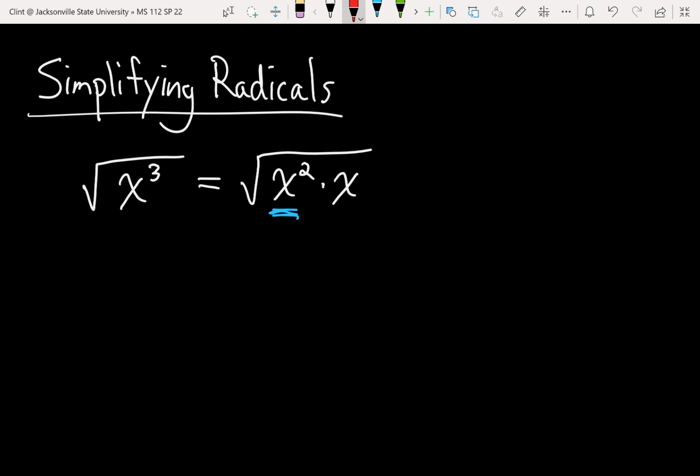And we're being a little lenient here, but we would say square root of x squared is x, and that would be what we have left over. Maybe numbers would be better. There we got the square root. So we're looking if we have any factors of 8 that are perfect squares. 8 we can think about as 2 times 4, or 4 times 2.